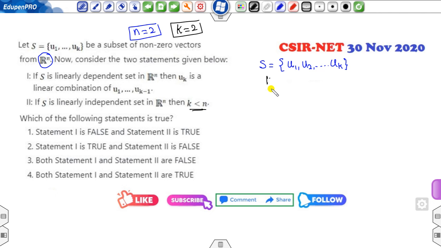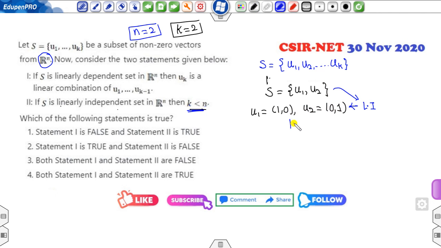If k is equal to 2, that means S is u1, u2, and S is linearly independent in R^n. So I can choose (1,0) and (0,1). So these are my linearly independent vectors.